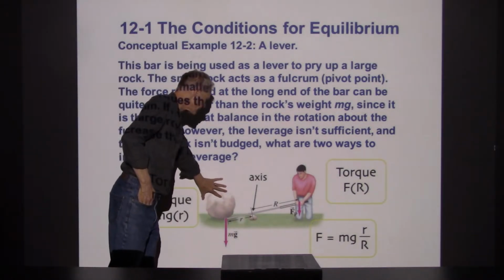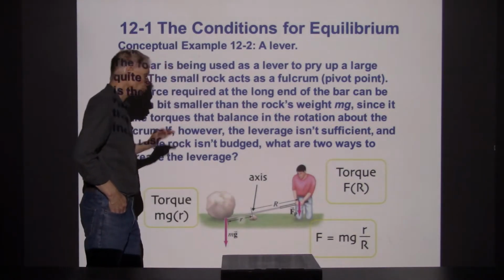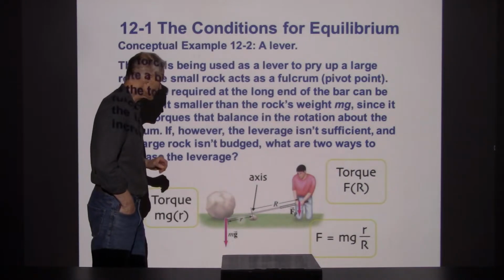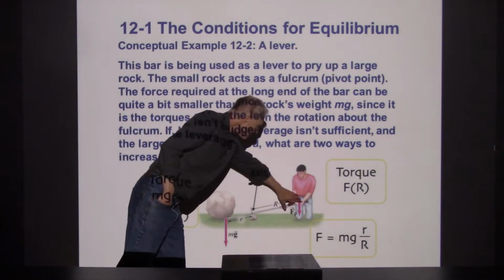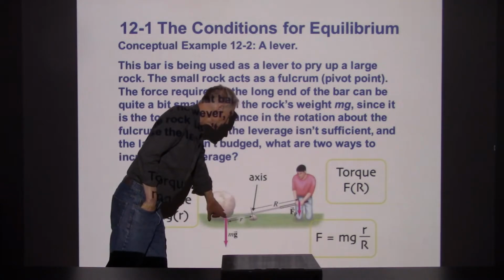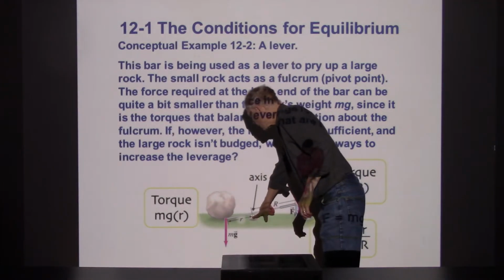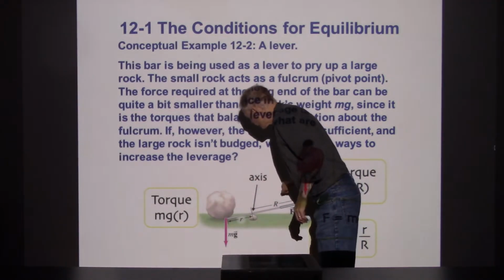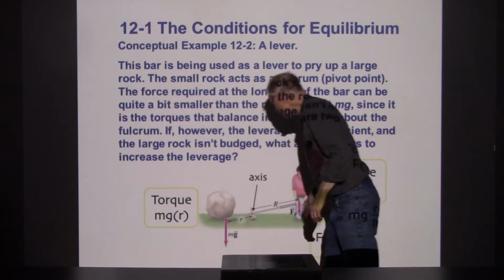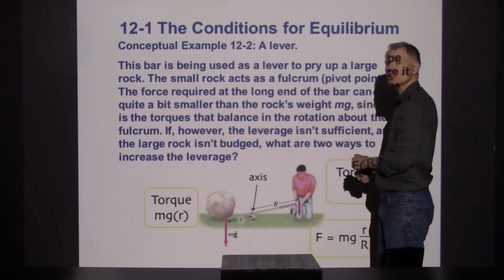Now it's really heavy. What we can do in terms of torques though, is, let's think about this. If we get something really sturdy, here is this steel bar, and it's really long, and so what we can do is put a small rock near the larger one, push the steel piece underneath, and then from the other side push down.